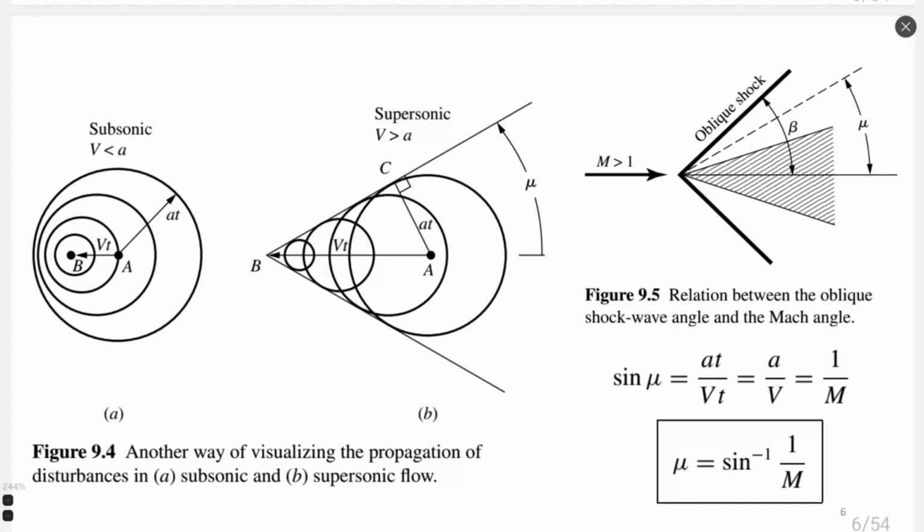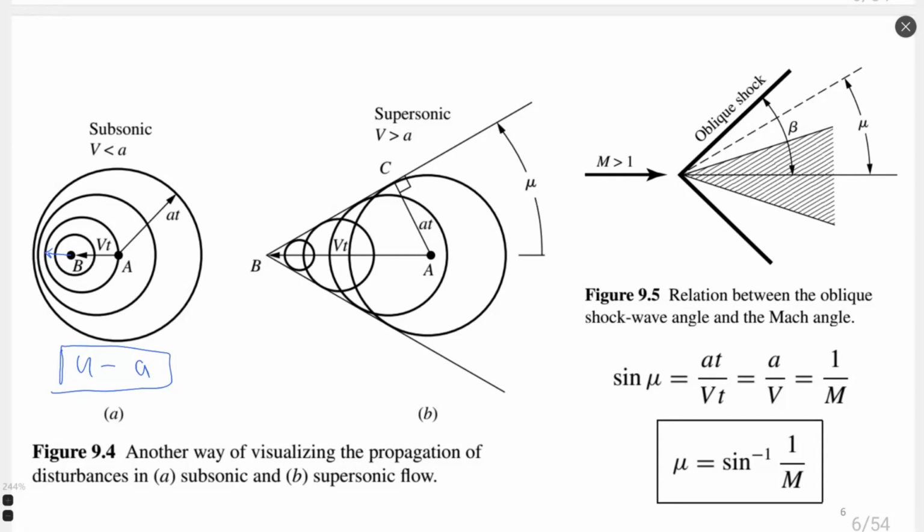We have for the subsonic case the propagation of disturbances going in all directions, because in this case the velocity of disturbance propagation is higher than the flow velocity, and summing the velocity of movement and subtracting, velocity of movement minus speed of sound, we have movement that can go against the flow.